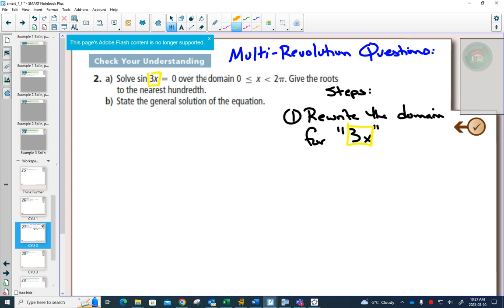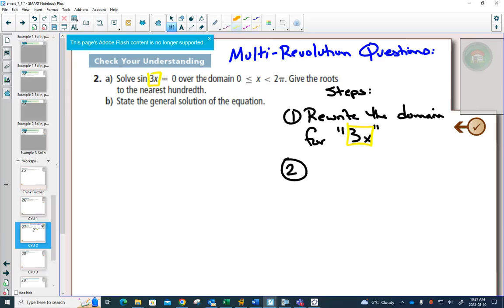If it was a 2x, you'd rewrite the domain for 2x. Okay? So we're going to rewrite the domain for 3x.